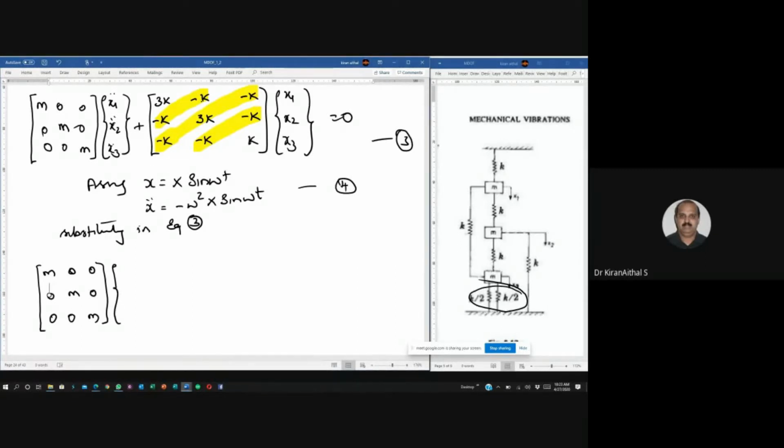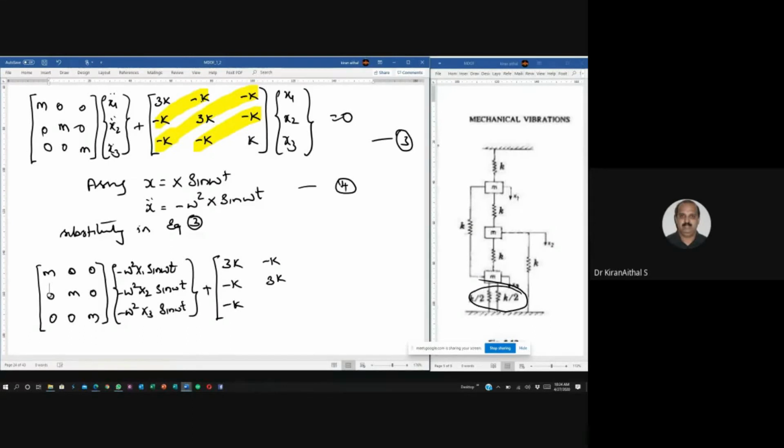Minus omega square x1 sine omega t, minus omega square x2 sine omega t, minus omega square x3 sine omega t, right? Plus 3k minus k minus k, minus k 3k.